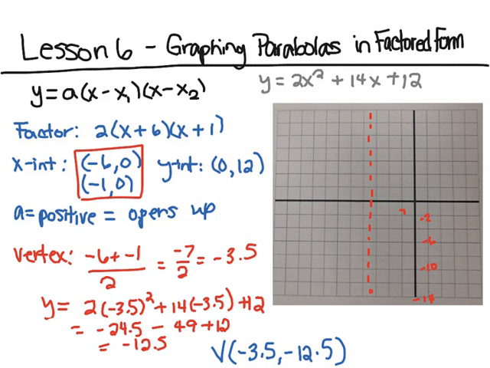Our x-intercepts are at negative 6 and negative 1, sorry. And we know our y-intercept is at positive 12. So 2, 4, 6, 8, 10, 12. And if it hits on this side, it'll be the same on the other side. Now all we have to do is connect the dots and be as careful as you can.